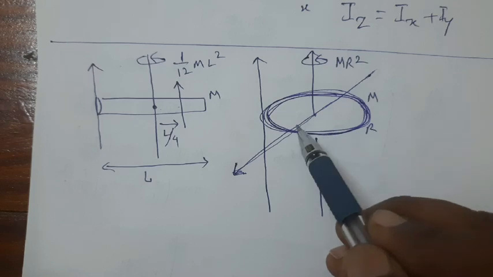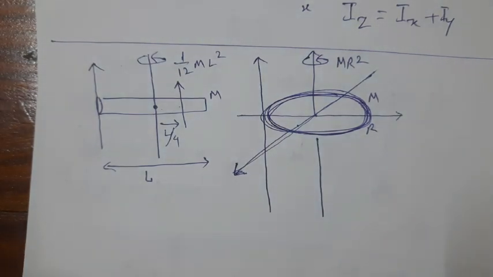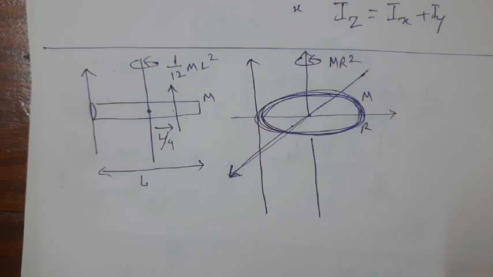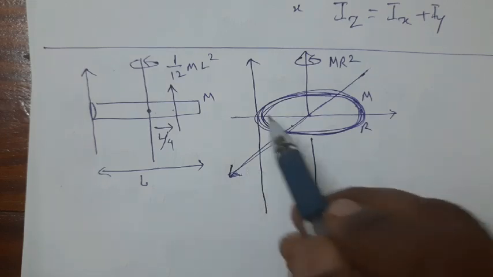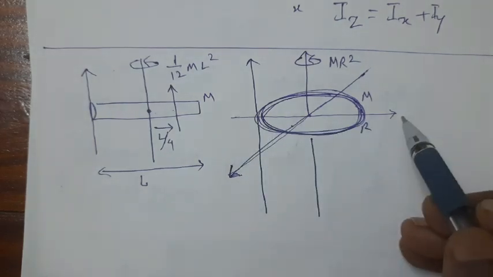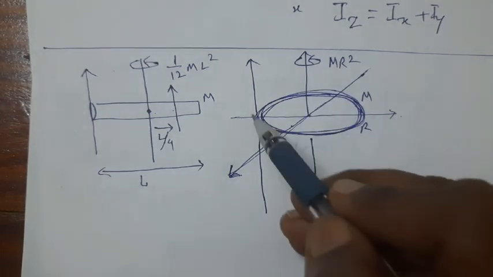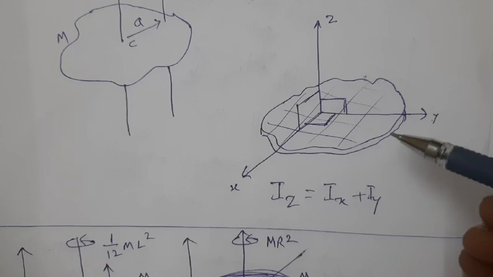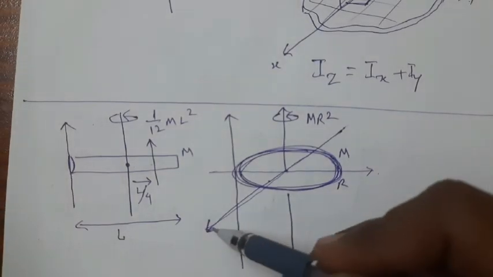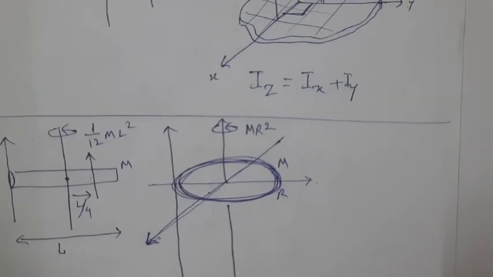The moment of inertia about this diameter and about this diameter should both be the same, because there is no distinction between two diameters of the circle or the ring. Therefore, if I1 is the moment of inertia about this, the same should be the moment of inertia about this. But this is perpendicular to these two and the ring is a planar object. Hence, I will have to use the perpendicular axis theorem. Now try to determine the moment of inertia about this axis using the perpendicular axis theorem.